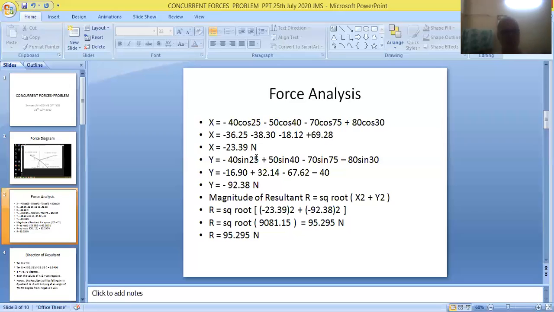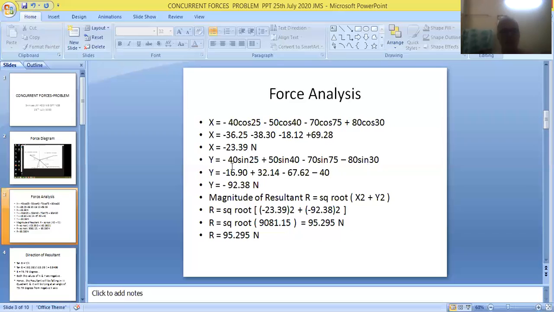Similarly, we can write down the equation for sigma y. Instead of cos values, we are putting the sine values. So here it will be 40 sine 25, here 50 sine 40, here 70 sine 75, and here 80 sine 30.